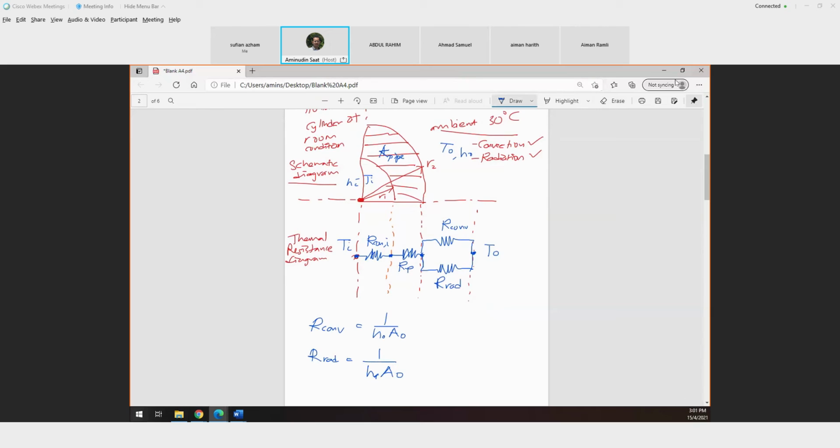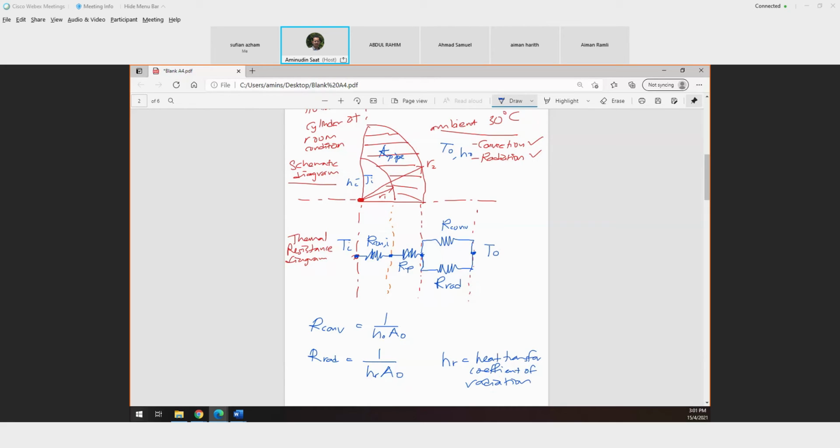I'm not sure whether you're aware that radiation can also be expressed in terms of a heat transfer coefficient of radiation, HR.